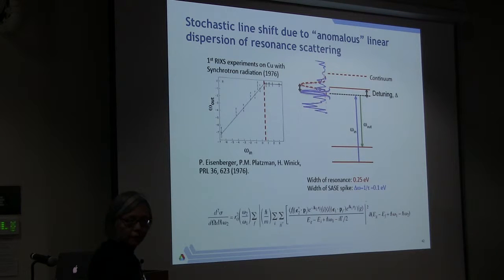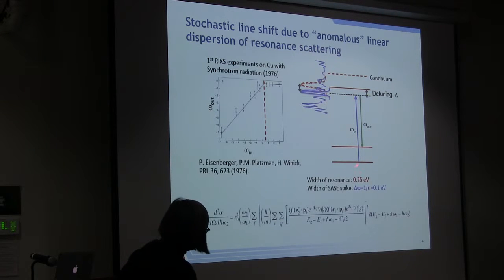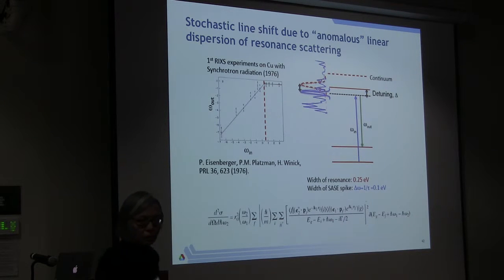So you change omega in, omega out changes linearly. And the hole that you create in this process with these two photons, which you think of in a single step, is this 2p hole. So also the line width is not as broad as the 1s hole. So people think, oh, I can really do some better spectroscopy this way.